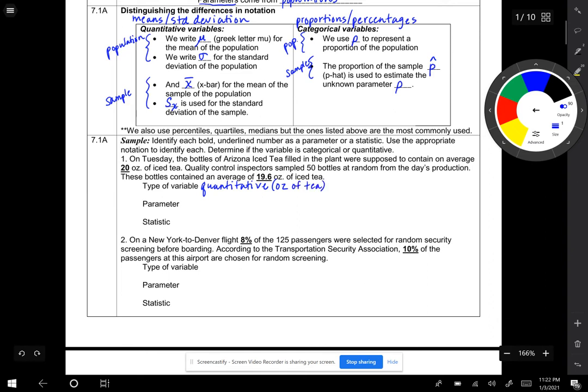Our parameter, so we're talking about our population, would be mu, and it would be 20 ounces, because the bottles filled in the plant were supposed to contain, so our mean, mu, is 20 ounces, and therefore the sample was 50 bottles chosen at random, and the average was 19.6. So that average, x bar, is 19.6 ounces.